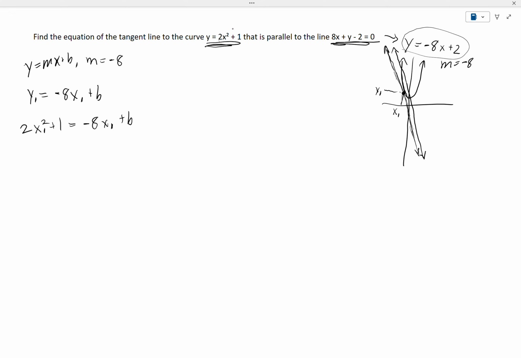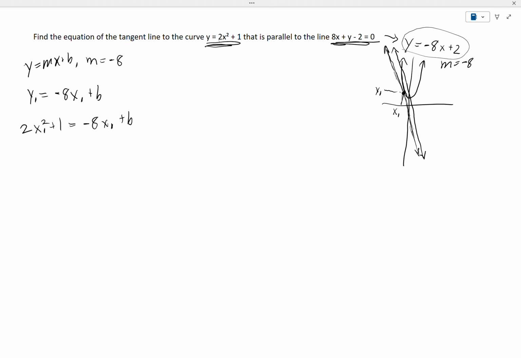Since this equation up here gives me the y value on the parabola for every x, if I pick out x1 and it's on the parabola, then its corresponding y value is defined by this equation. So I just use that equation and stick x1 in there.